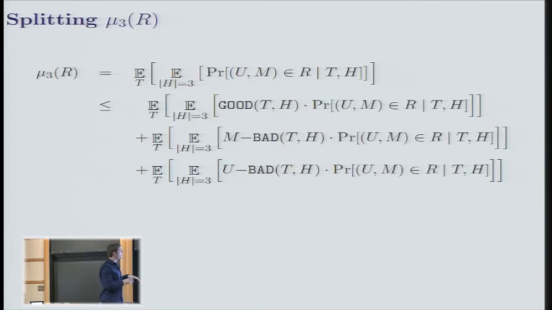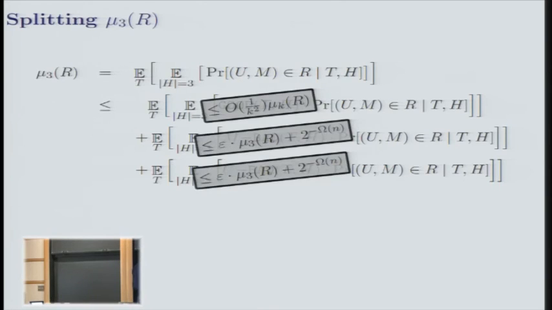Now we can split this, so that we look at partitions that are good, those that are bad because the matching part went wrong, and those where the cut part went wrong. Every pair here is in at least one of those categories, so it suffices to separately bound each of the parts.